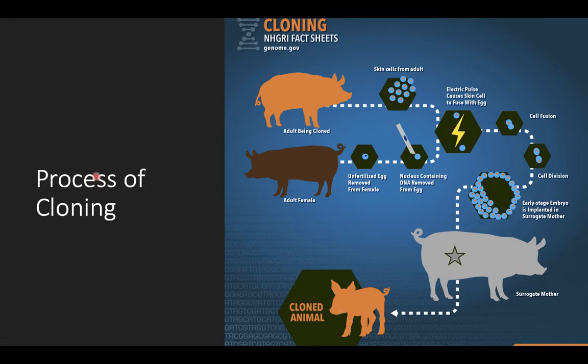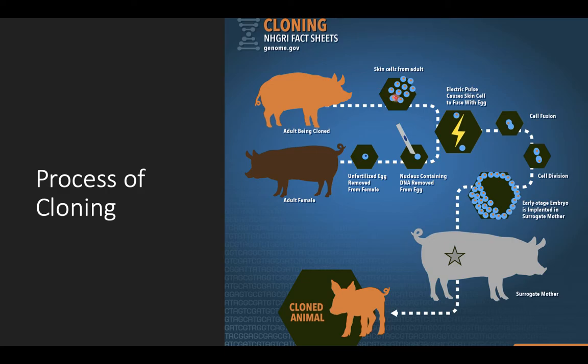So the process of cloning is pretty straightforward. You don't need to know all the details of the process, but let's say you want to clone this adult here in orange. Okay, you want to make an exact copy of this adult. Well, what you need to do is take some cells from this adult.